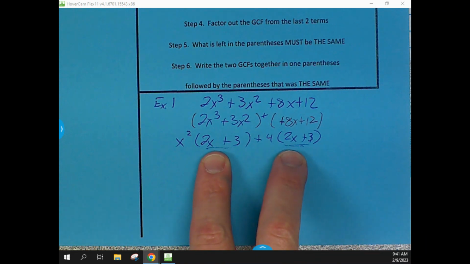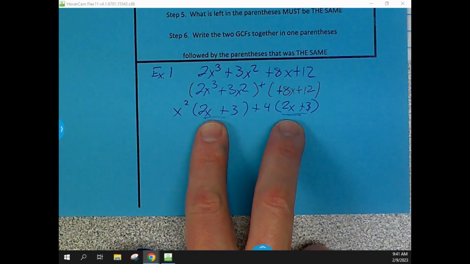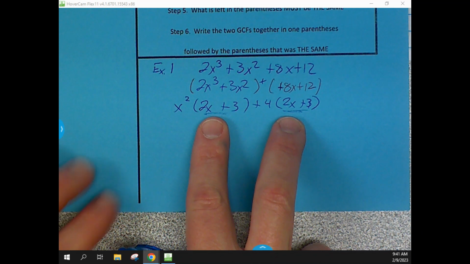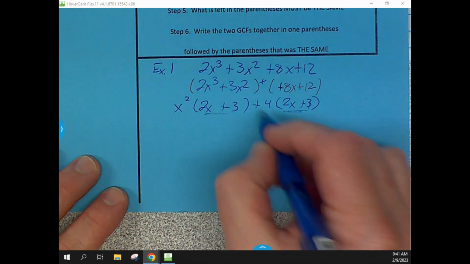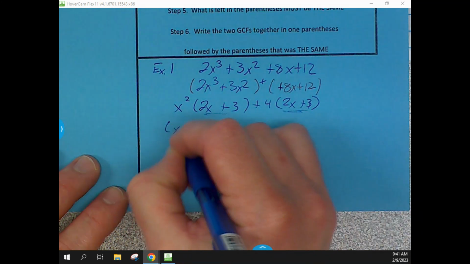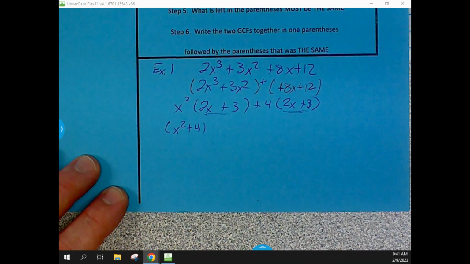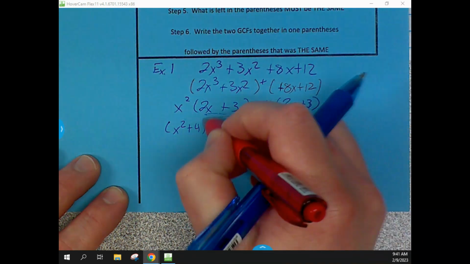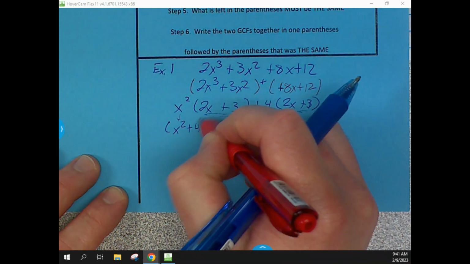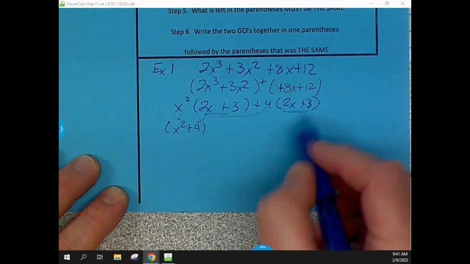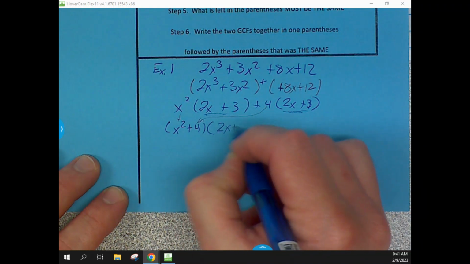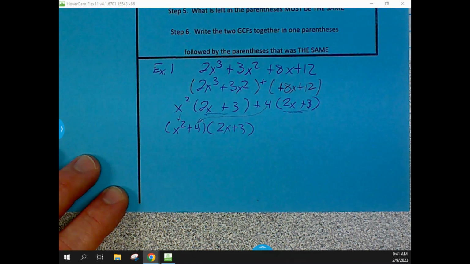If they're not, you did something wrong. You need to go back and check your work. So it's got a built-in check on it. Once that's the same, here's basically what we're going to do. We're going to take whatever you've got out front, the x squared and the 4, and those are going to go in one parentheses together. And then whatever this common parentheses was, it's just going to follow back behind it.